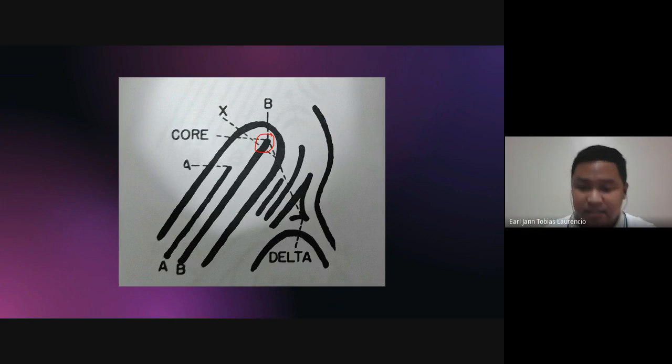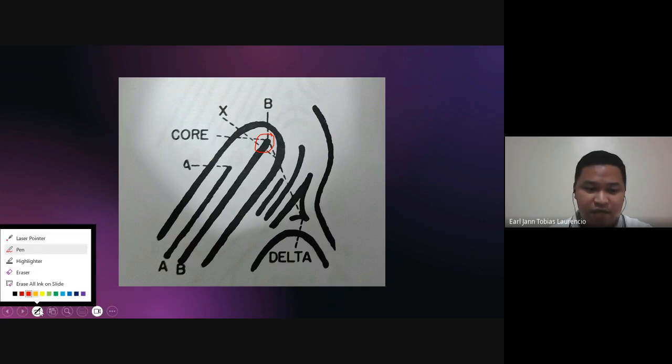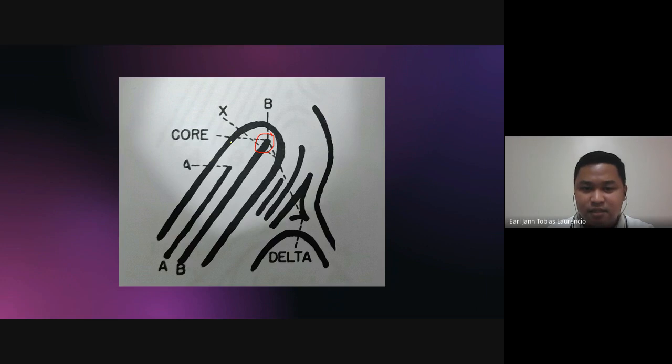Well, the answer is this. One of the characteristics of a core, especially if that is a rod, is that the rod must rise as high as the shoulder of the pattern. The core or the rod must rise as high as the shoulder of the pattern. As you can see, this is the shoulder of the loop, the one that is being colored with yellow.